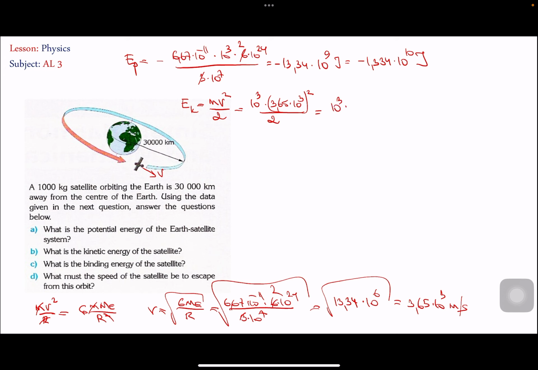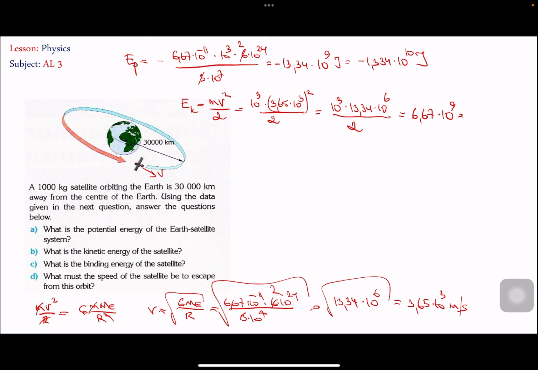So 10 to the power of 3 multiplied by 13.34 times 10 to the power of 6, and over 2. That's 6.67 times 10 to the power of 9, or I can write it in terms of 10 to the power of 10.